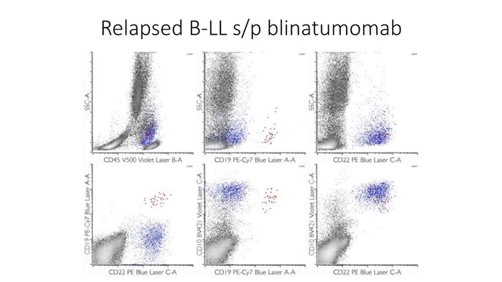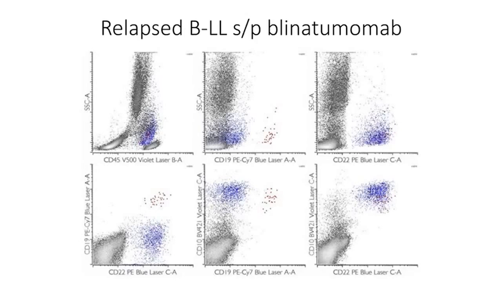Now, traditionally, we would try to find the B lymphoblast by gating on CD19. This is our pan B cell marker. And in this case, there are a few which are highlighted because they're so rare. They're CD19 positive, CD22 positive, CD10 positive, and they have slightly dim CD45 and increased side scatter. But that's not the whole story.